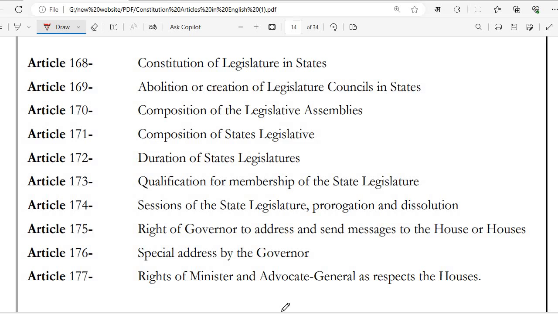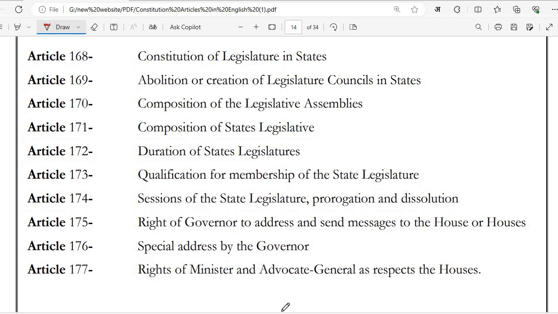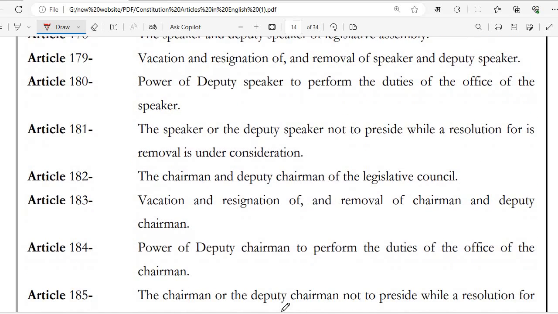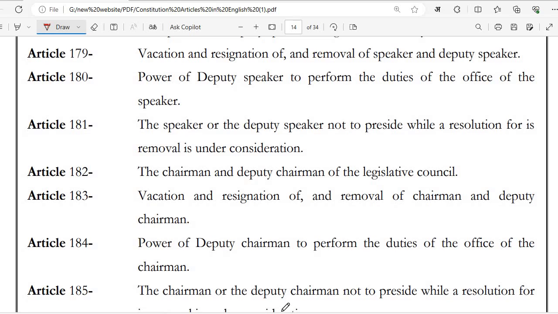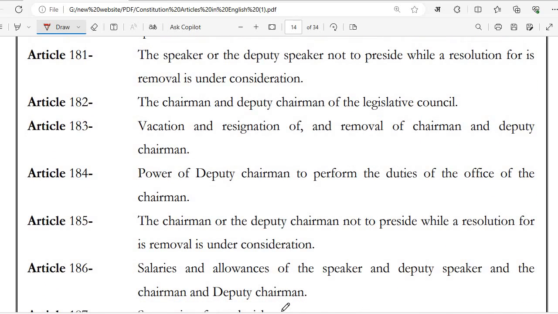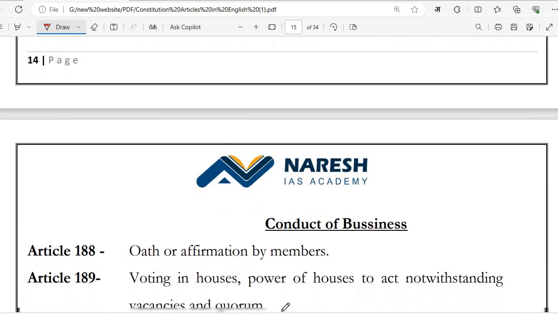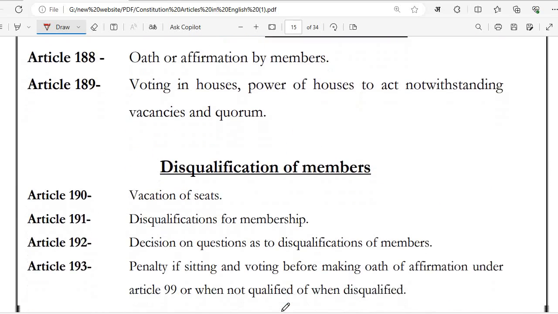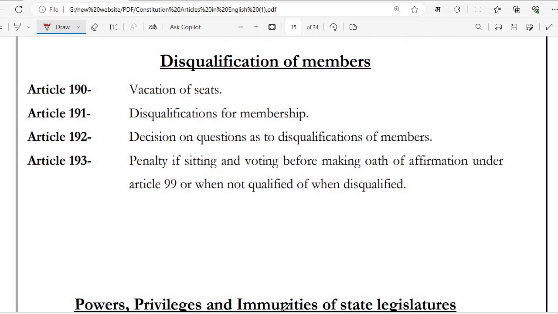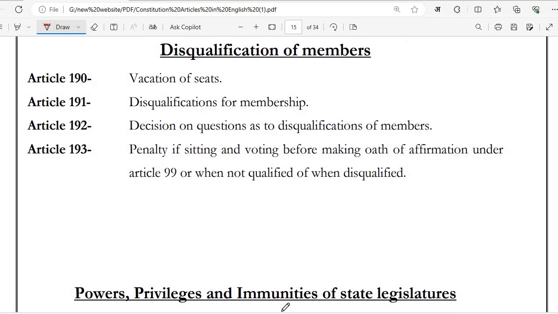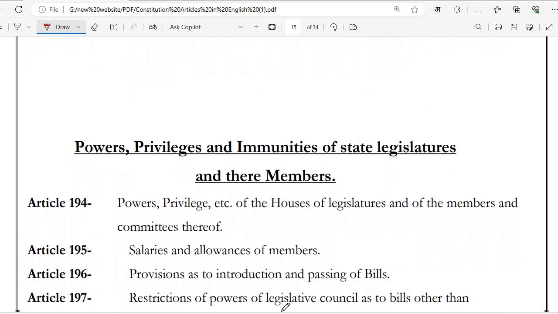I suggest you should compare these articles with the Parliament as we have discussed, same provisions. Then Speaker, Deputy Speaker in Vidhan Sabha, Chairman, Vice Chairman in the Legislative Council or Vidhan Parishad, same provision, nothing is new to explain. Same the disqualification of members of the Vidhan Sabha and Vidhan Parishad, vacation of seat, disqualification of members as we have discussed in the Parliament.